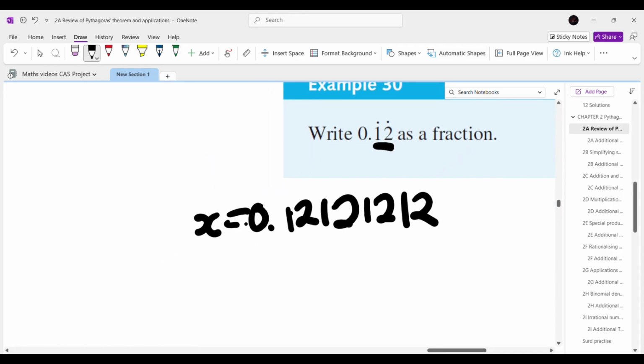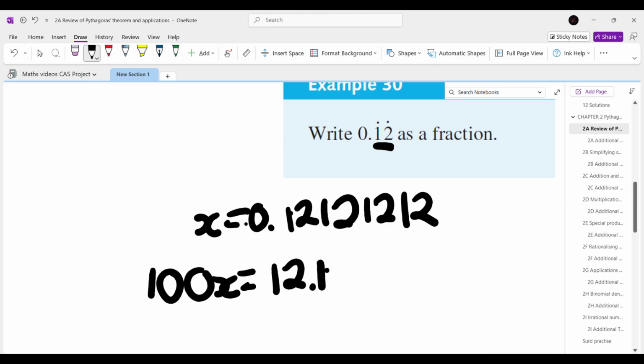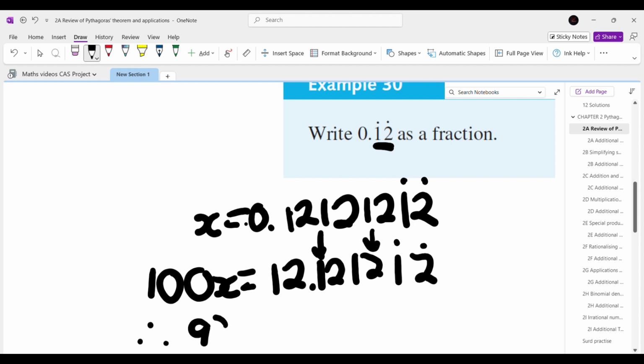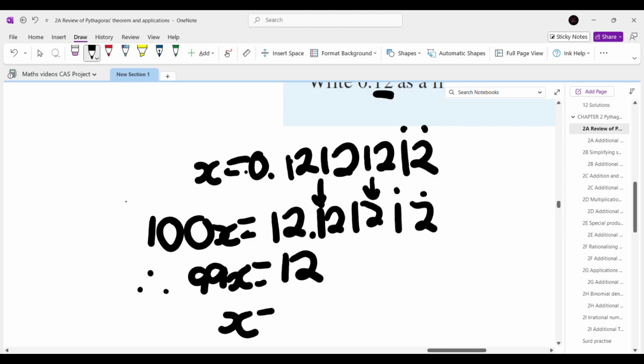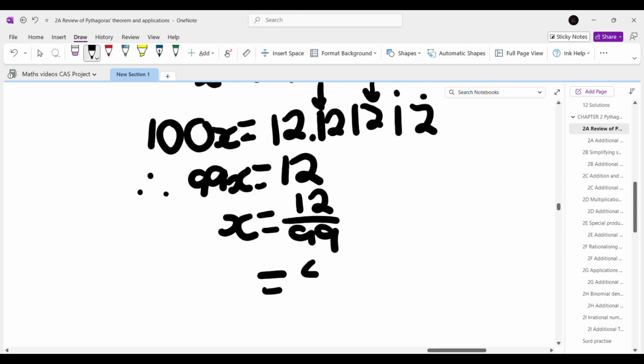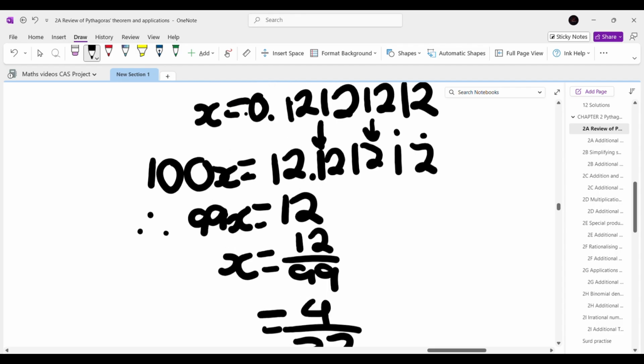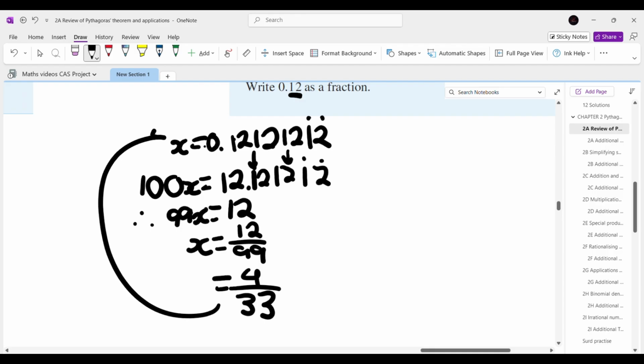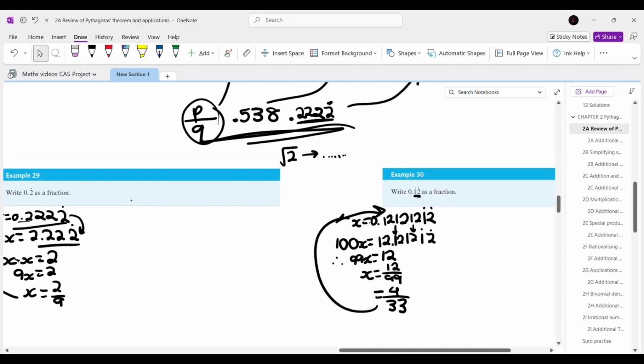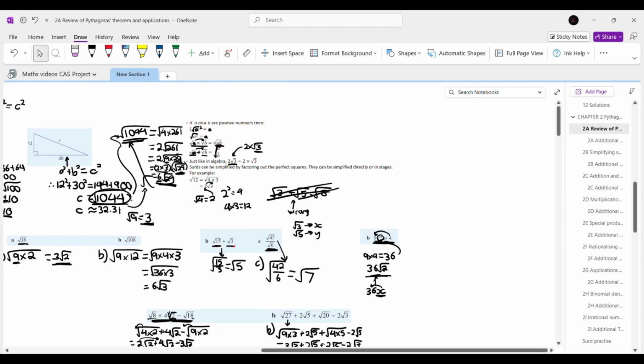However, if we multiply it by 100, we get 100x equals 12.1212. See how these cancel out here? So therefore 99x will just equal 12. Therefore x equals 12 over 99. We can actually simplify this to 4 over 33. And this is our answer to this equation, expressing it as a rational number.